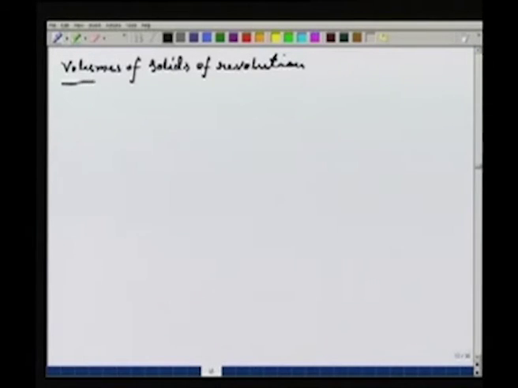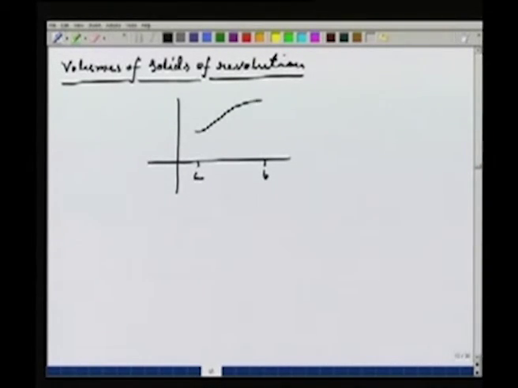Here again we will use the method of slicing, but in a slightly different way. The setup is this: suppose I have the graph of a function again, between a and b, and this is my function f(x). Then I get a plane region which is this. Now what I do is I rotate this region about the x-axis.